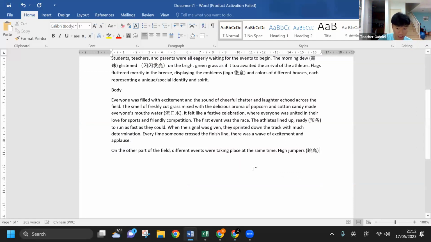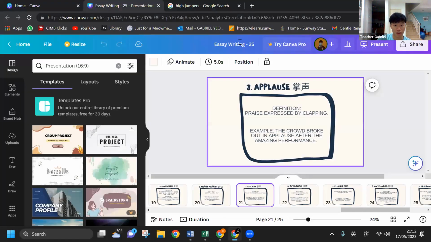Okay, so high jumpers soared gracefully through the air, gliding like birds in flight. Here I used another metaphor. High jumpers gracefully soar, as if flying, because they are very graceful.